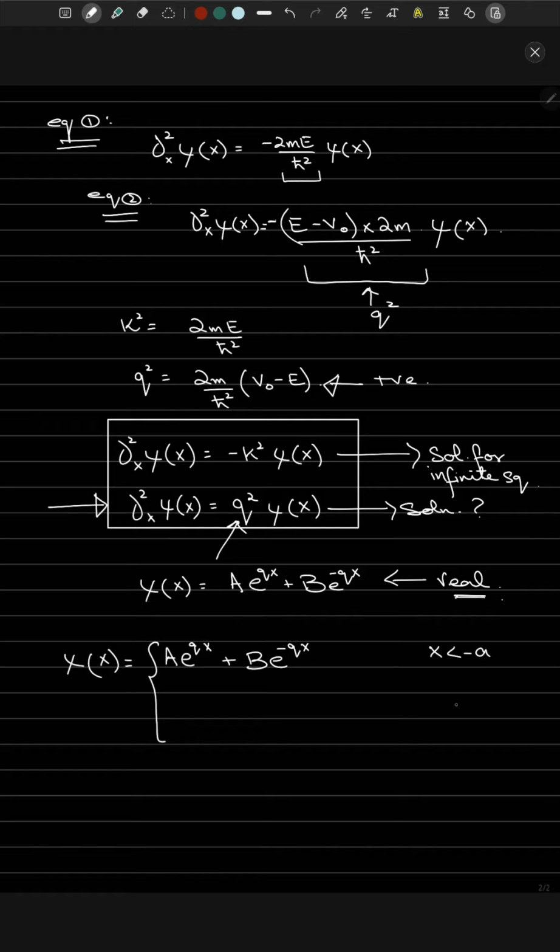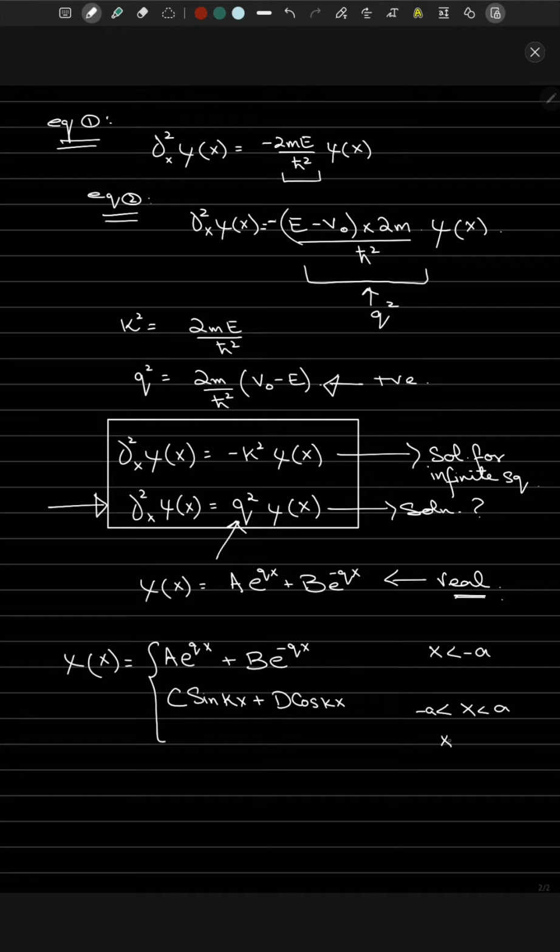And for the region that lies between minus a and a, you have the solution that is identical to the infinite square well. You would have c sine kx plus d cos kx.